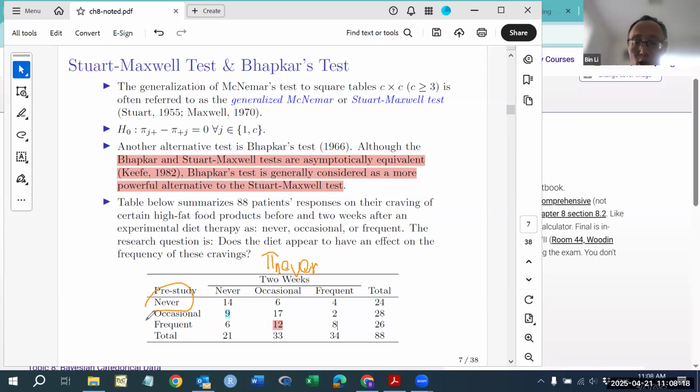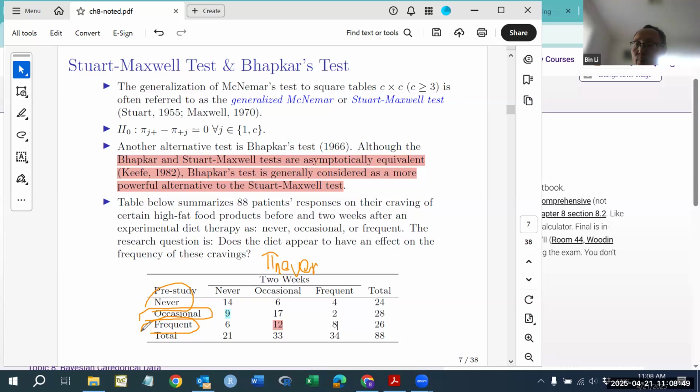And the proportion of answering occasional in the pre-study and after 2 weeks are the same. And the proportions for answering frequent in the pre-study and the post-study are the same. Okay, so you can see the null hypothesis actually involves 3 equations.